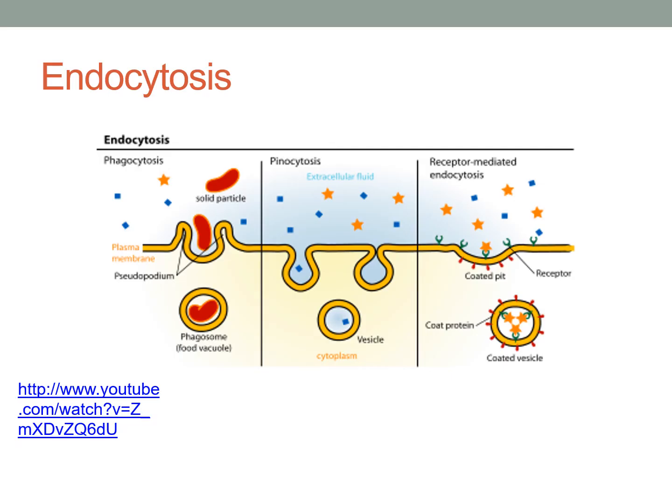Endo as a prefix means within. Cyte, C-Y-T, means cell. So endocytosis is the process of bringing something inside of a cell. For example, here is a plasma membrane, and here's a little food particle that the cell wants inside of it.